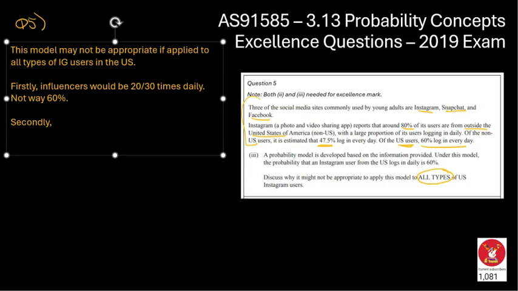And because they don't have access to the internet on a daily basis, they're probably not going to be checking Instagram on a daily basis either. So the flip side is I think homeless people are going to have less access to the internet, and their probability of checking Instagram daily is definitely not going to be 60%. It's going to be 0% in some circumstances.